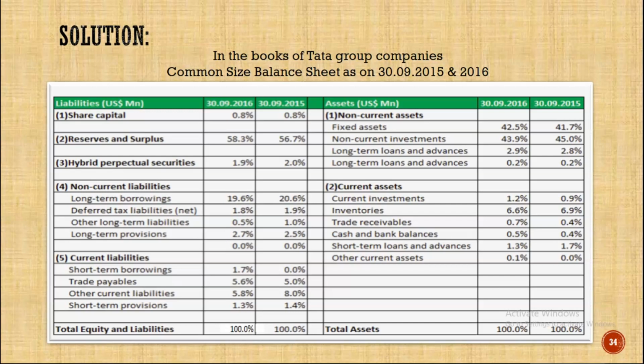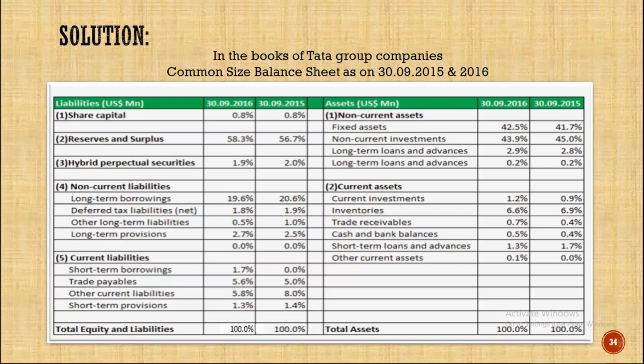In 2015, it is 56.7%. In 2016, it has increased to 58.3%. Securities show a decrease, that is from 2%, it is now 1.9%. That means it must have been redeemed. Next is long-term borrowing, again showing a decrease. That means the company must have repaid the loan.